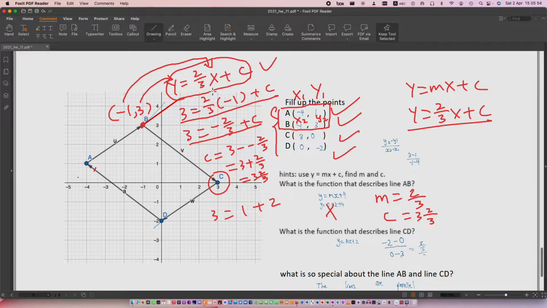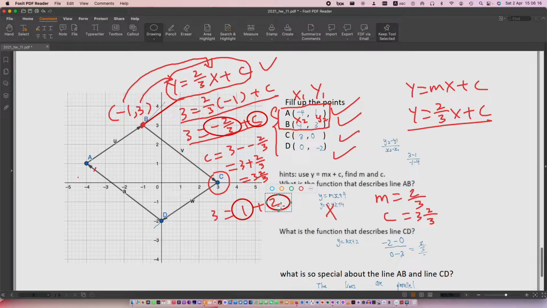Can you match now? Can you match? This is your 1, right? This is your c. Yeah. So in a way c is your 2, right? Yeah.